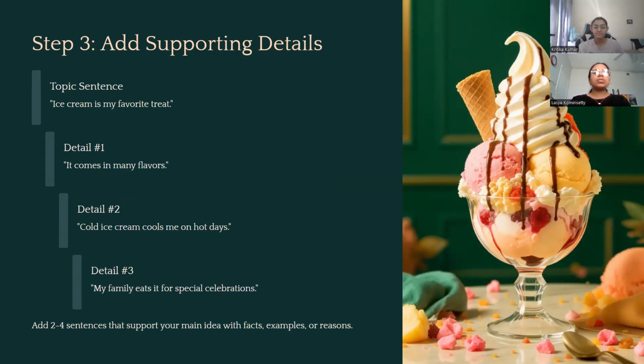So adding 2 to 4 detailed sentences that support your main idea or your topic sentence with facts, examples, or reasons can increase the amount of support and details you put into that paragraph. And it will also increase the reader's attention to continue reading your paragraph.